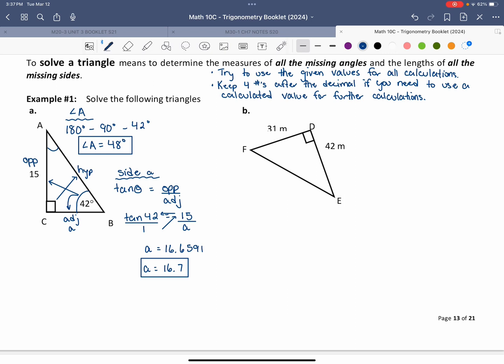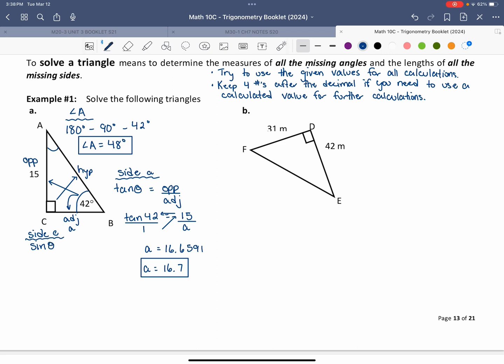Now here's where this point about try to use the given values for all calculations comes in. So I'm not going to use this adjacent that I just calculated. I'm going to use the opposite because that was given to me, and I'm going to calculate the hypotenuse. So opposite and hypotenuse, that tells me to use the sine trig function, and this is for side C.